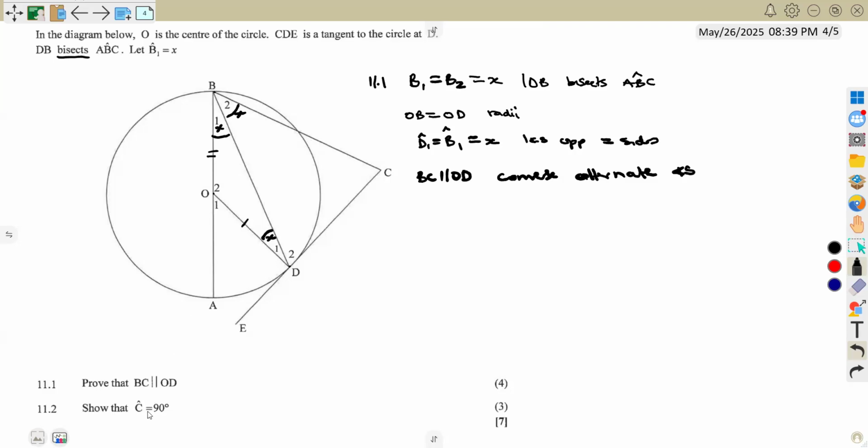Then they are saying show that C is 90 degrees.